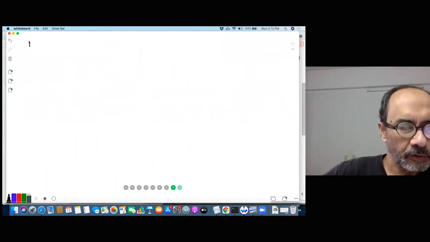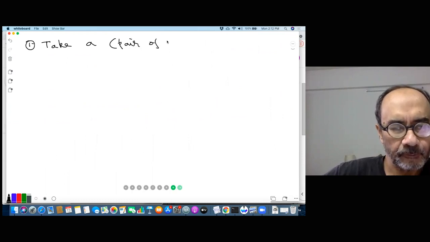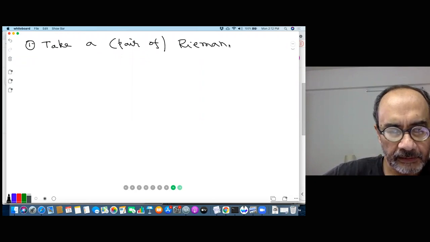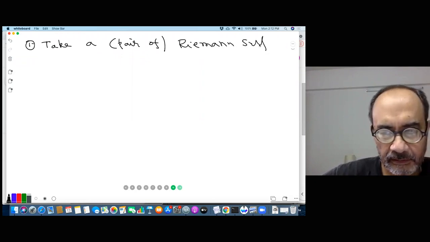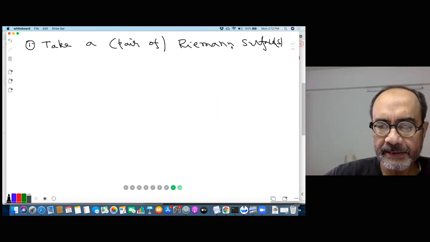Okay. So first, we take a pair of Riemann surfaces. Here I have put this in bracket because we can either take a pair of Riemann surfaces and sew the punctures one from each, or we can take a single Riemann surface and sew 2 punctures on the same Riemann surface to each other.